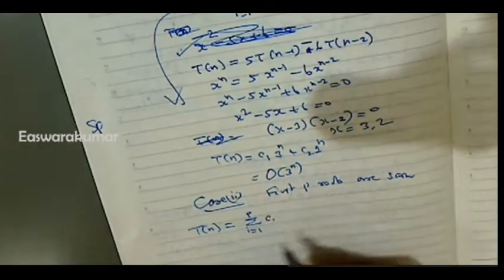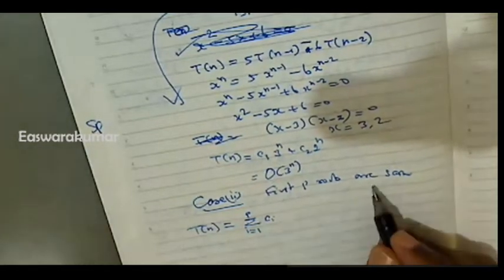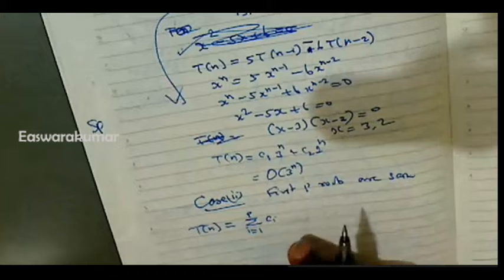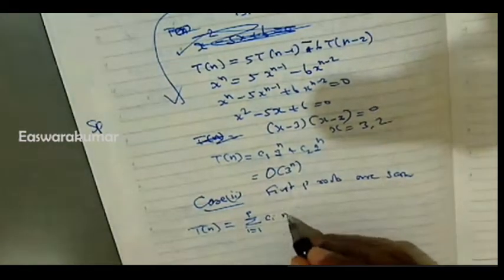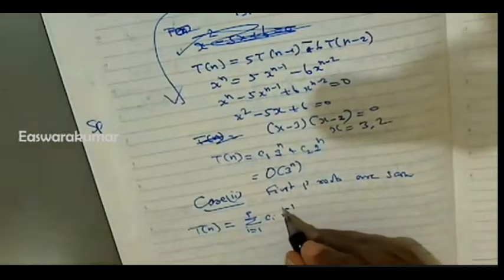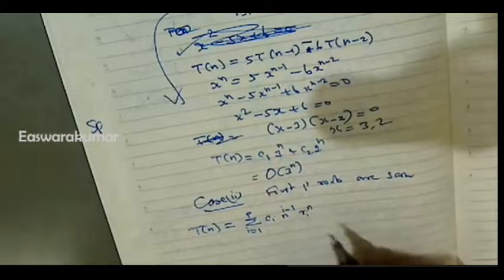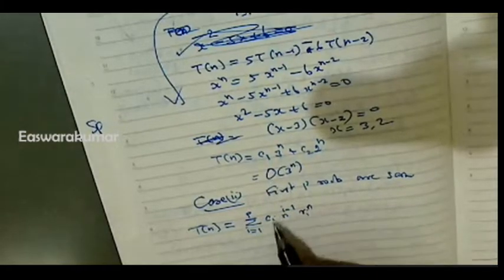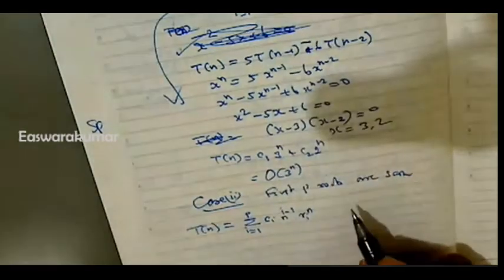Then c i. For the same roots, the first p roots are same, that's our assumption. So for the same roots, the solution will be like that: c i, then n power i minus 1, then r i power n. If the roots are same, this is the format you have to take. If the roots are distinct, then the earlier one should be considered.